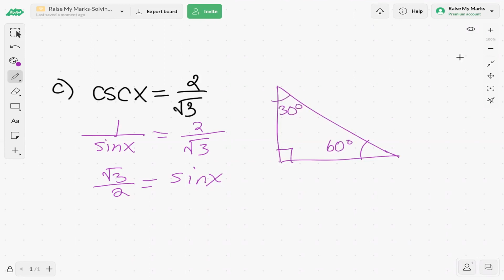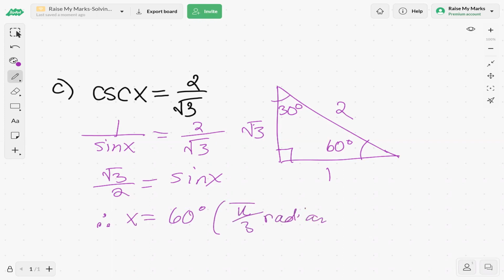These are right angle triangles. So the sine of 60 degrees is root 3 over 2. So here we have sine x equals root 3 over 2. So this means our x equals 60 degrees, or pi over 3 radians. Okay, this is one of our special triangles. Good.